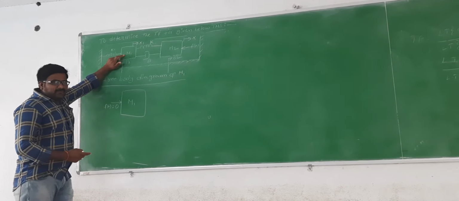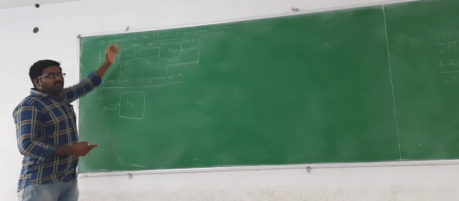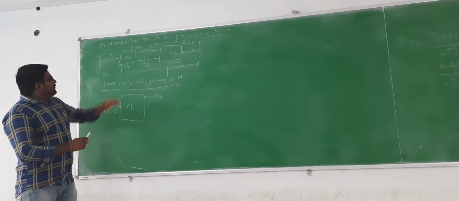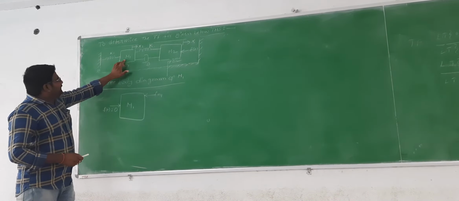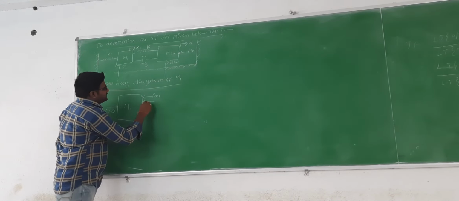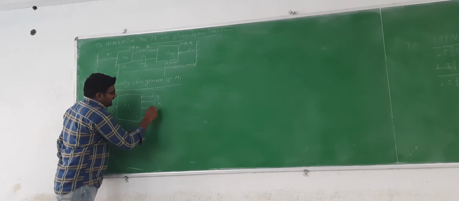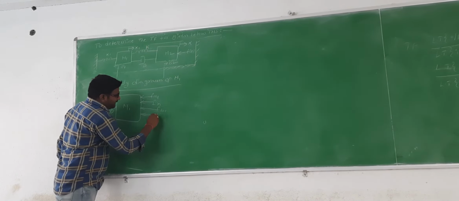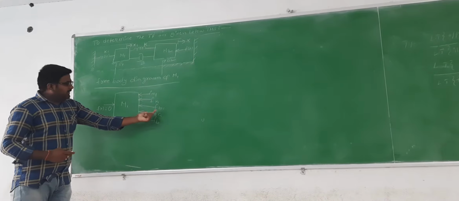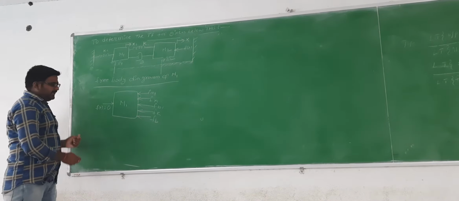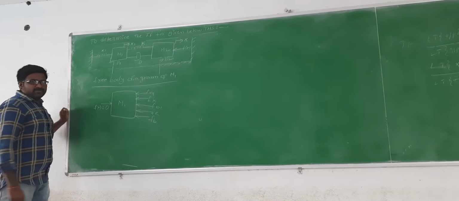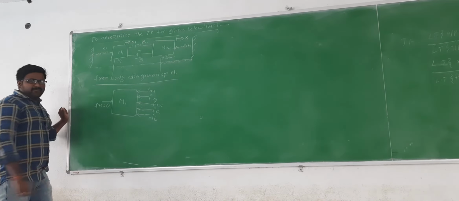Mass 1 opposing forces: mass is also an opposing force, Fm1, and mass 1 is connected to elements K1, B1, K and B. So opposing forces Fk1, Fb1, Fk and Fb. Fm1, Fk1, Fb1, Fk and Fb are the opposing forces, in the opposing force direction, and this is the applied force direction.